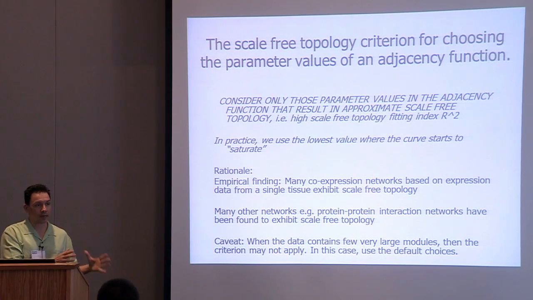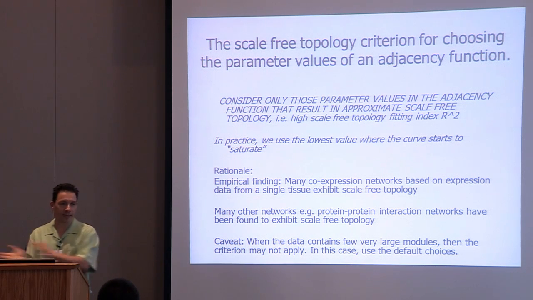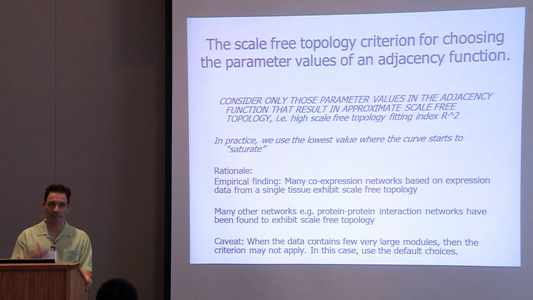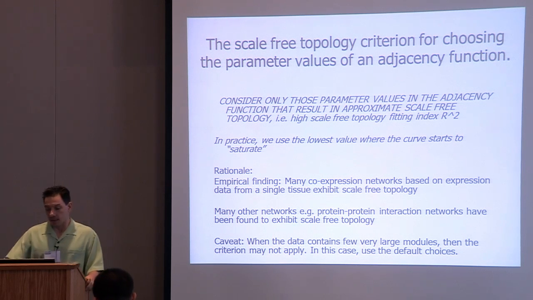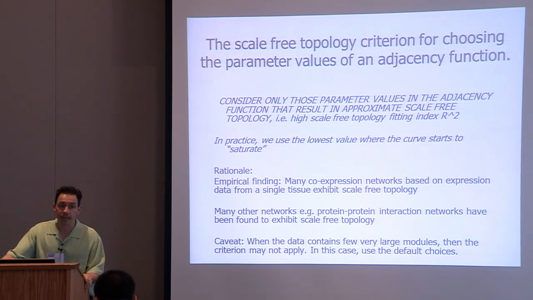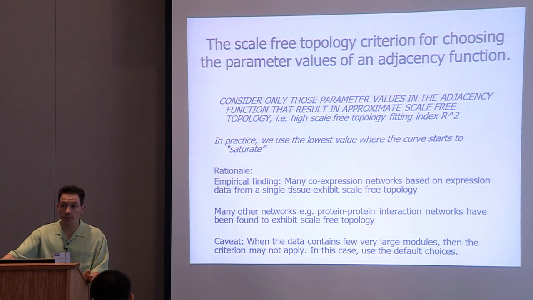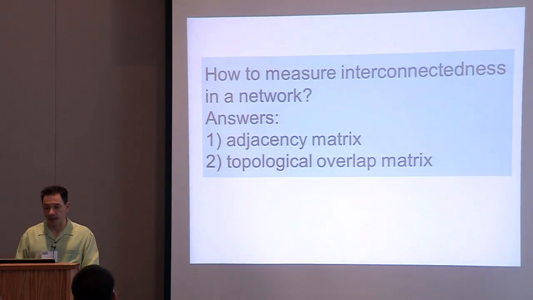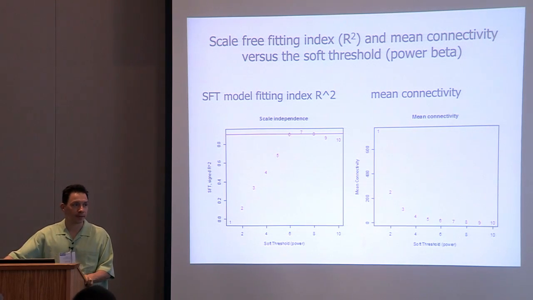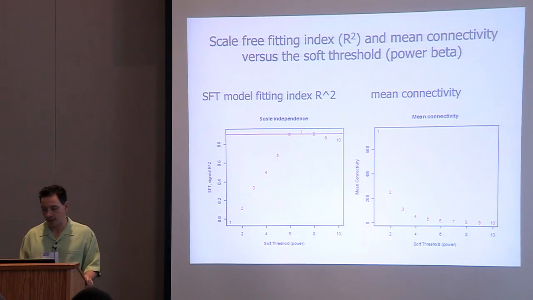And so you get thousands of hubs, and therefore you will never get scale-free topology, because as I mentioned, one implication of scale-free topology is that you have relatively few hubs. So don't despair in this case, just go with the default choices of the power that we have. For a signed network, just proceed with the power of 12. Are there any questions at this point?